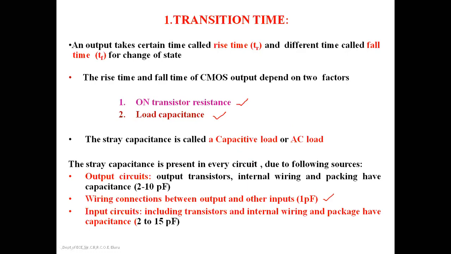They will be viewed as capacitors, and that capacitance is the stray capacitance. Also the internal wiring and the packaging have capacitance. So it models the stray capacitance here, in the order of 2 to 10 picofarads. What about the input circuit?